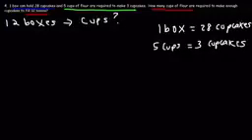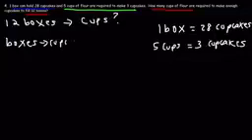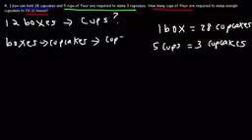So what we're going to do is first, we're going to start with boxes, and then we're going to convert that to cupcakes. And once we have cupcakes, we're going to convert that to cups of flour.